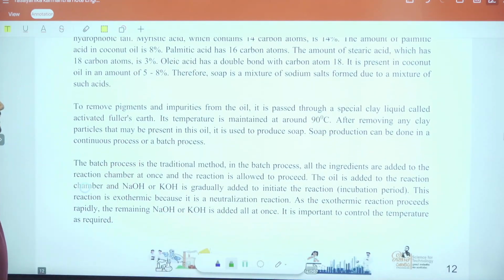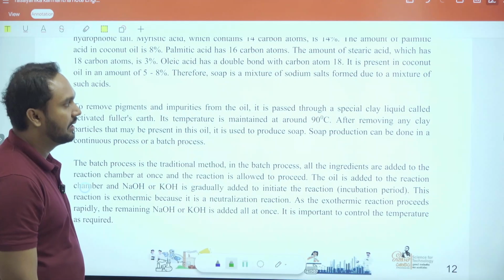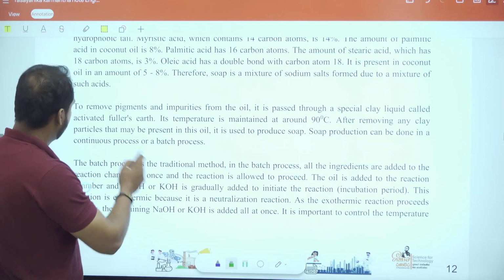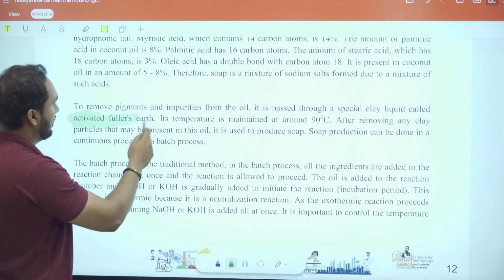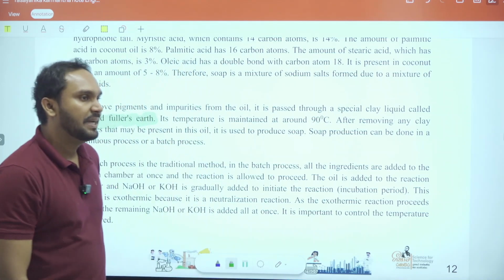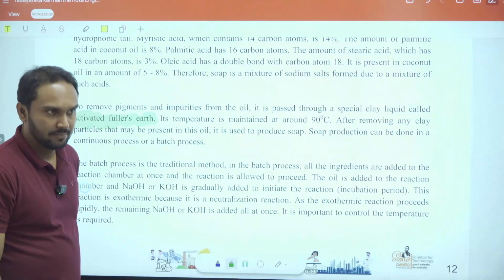To remove pigments and impurities from the oil, it is passed through a special clay called activated Fuller earth. Now highlight that one. Sometimes the oil might contain color pigments, right?